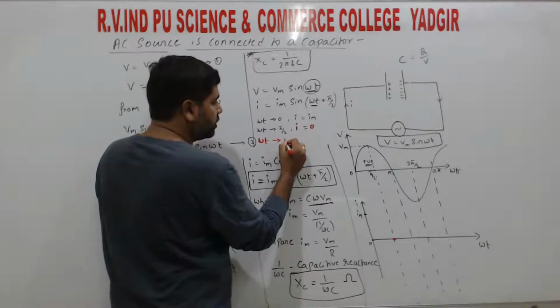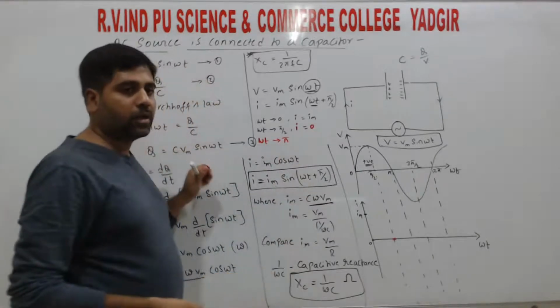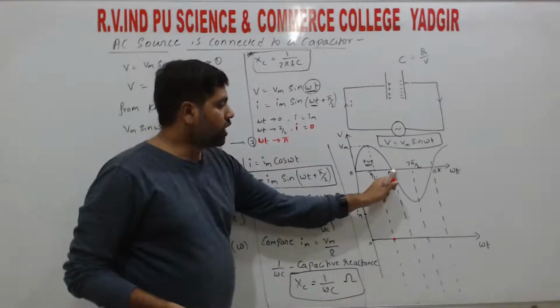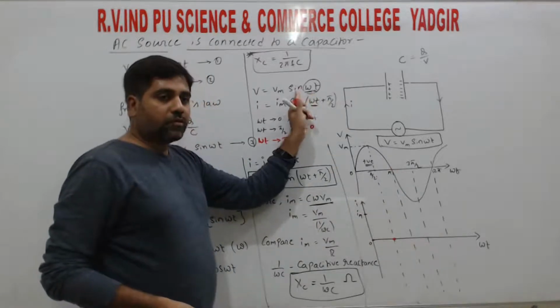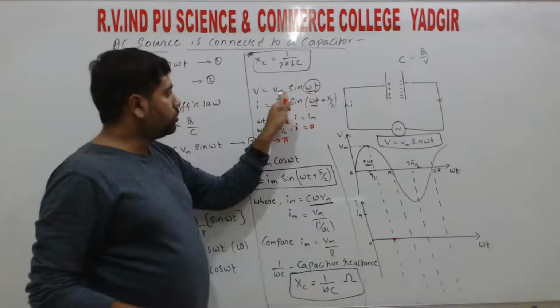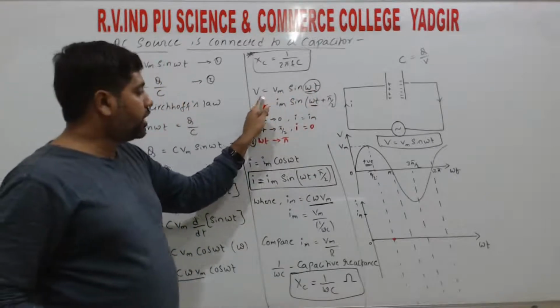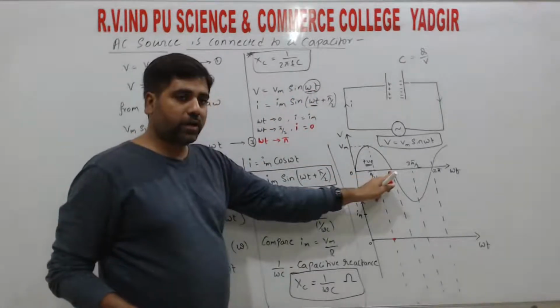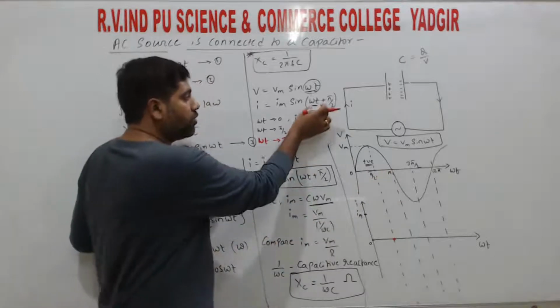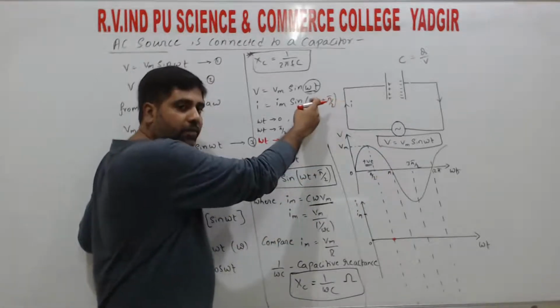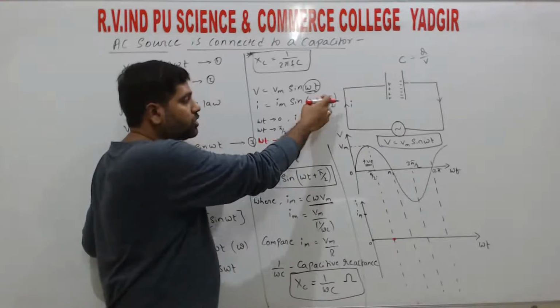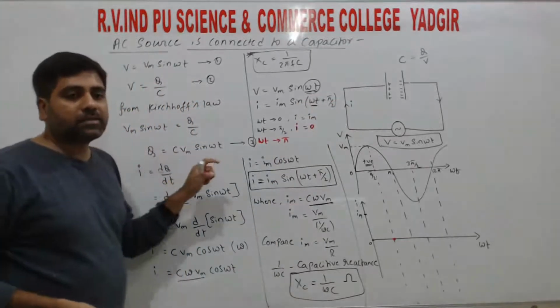Substituting omega t equals pi: sin 180 is 0, 0 into Vm is 0, so V is 0 here. For the current, omega t equals pi plus pi by 2, taking LCM we get 3 pi by 2, which is 270.